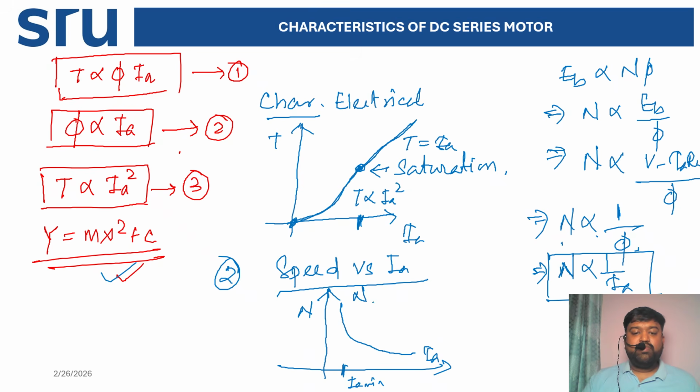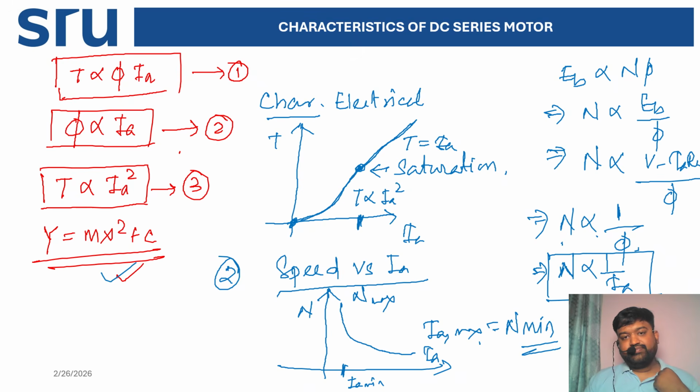But when you get Ia maximum, you get N equal to minimum. You get a curve like this. Okay.